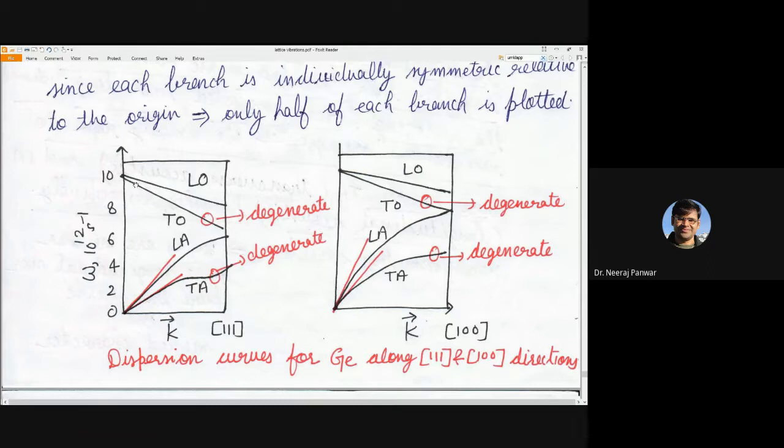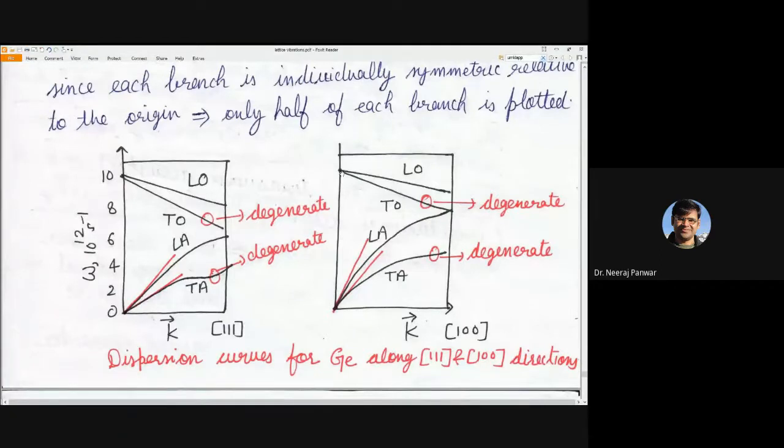They meet at k equal to 0 for the optical branch. Along 100 also, you see we get a different type of omega k diagram, but the optic branches here meet at k equal to 0.